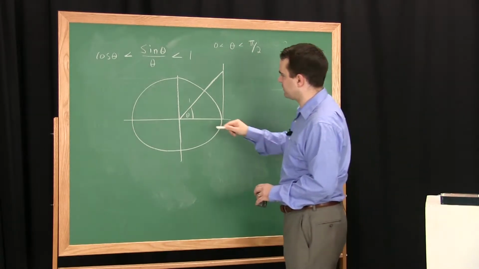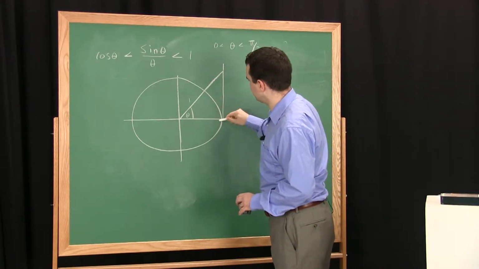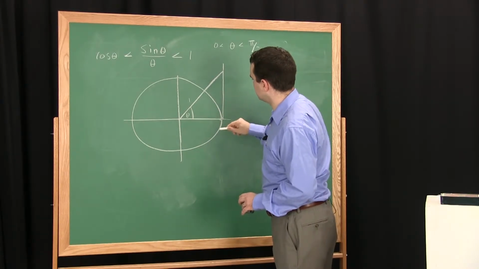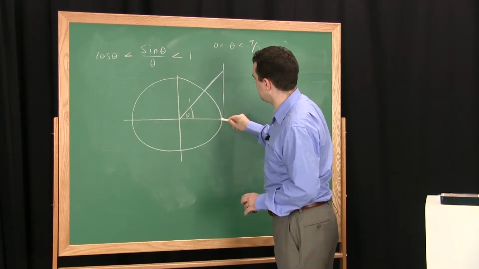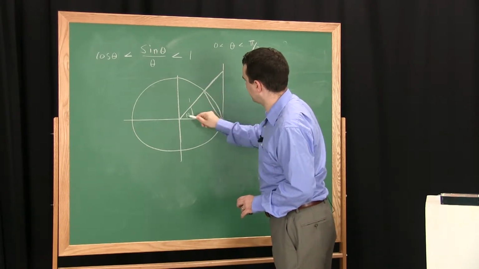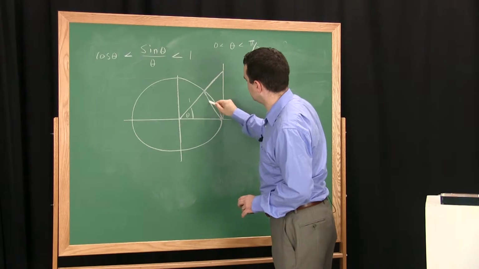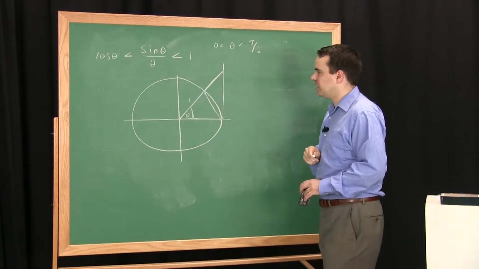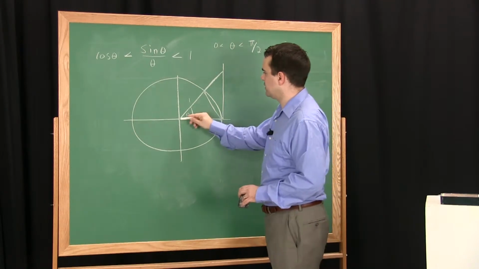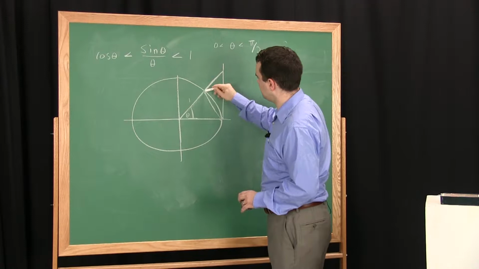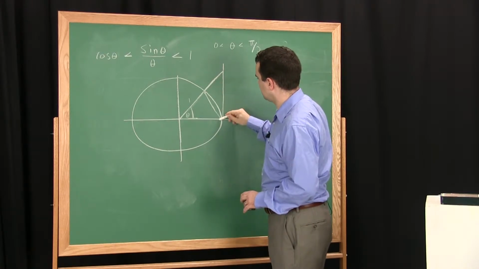The next one I'm going to make goes from this point, x equals 1, y equals 0, all the way up to whatever that point is, giving me this triangle here. And there's one other thing I'm going to consider. I'm going to consider the pizza slice that has angle theta and then comes out like that.